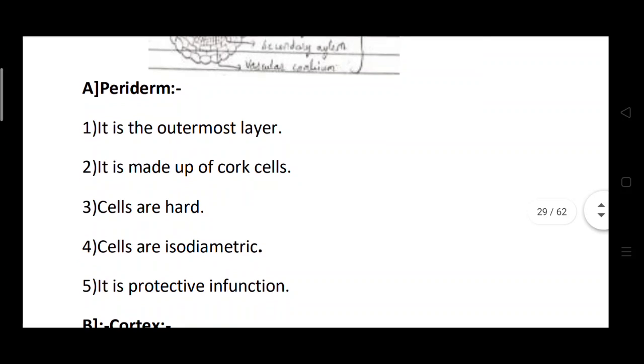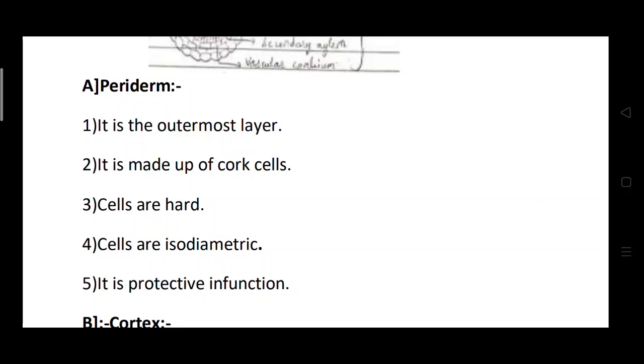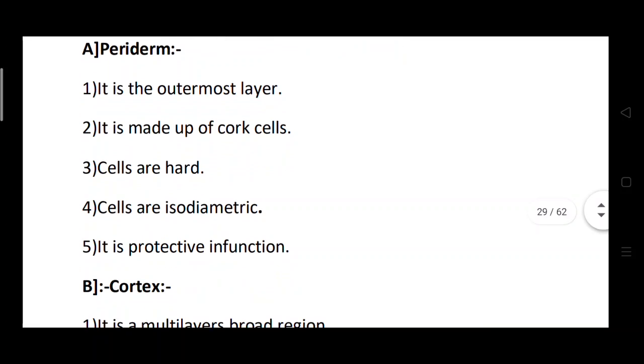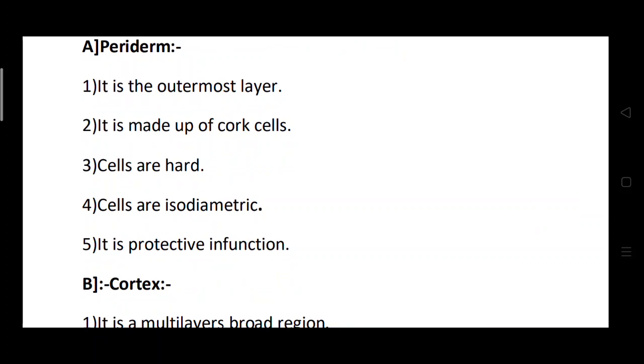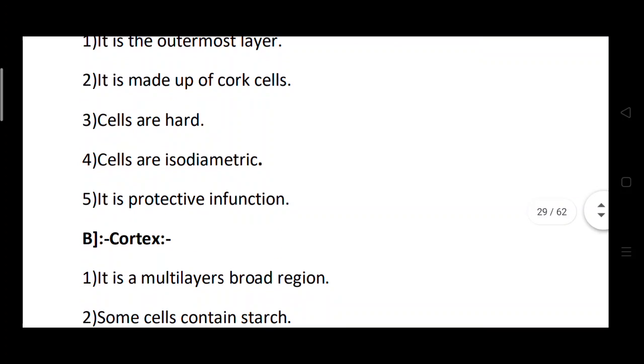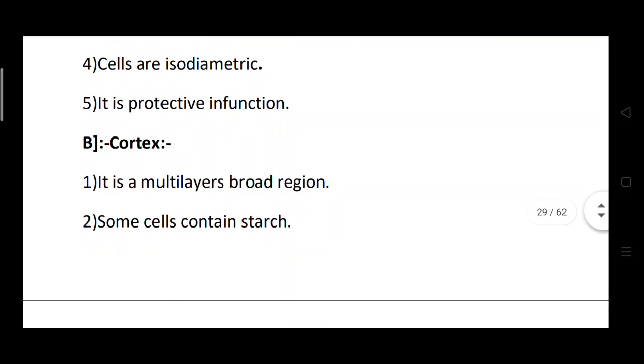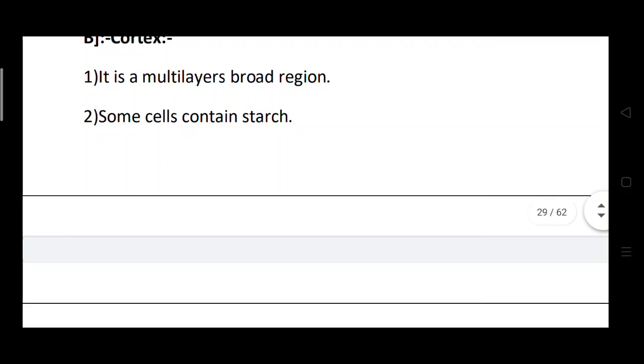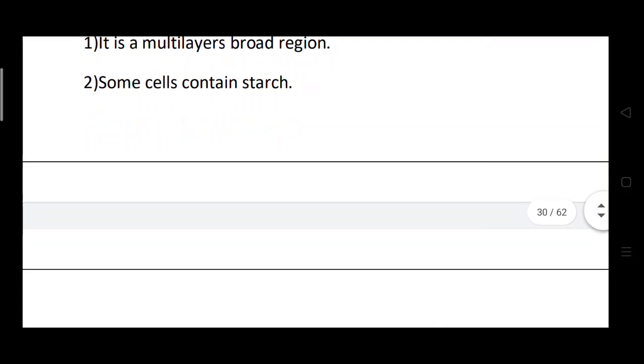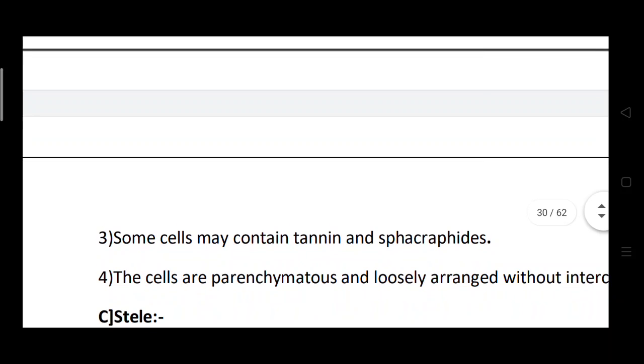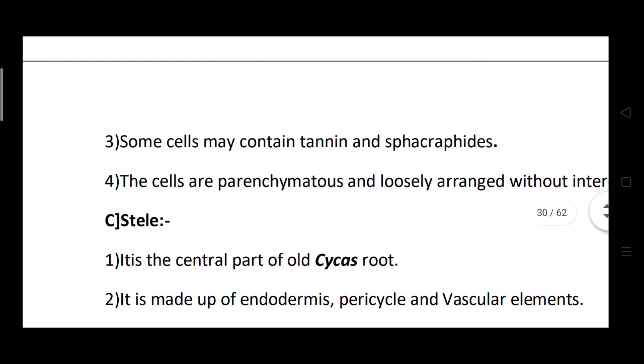So the periderm, same like in the young roots and coralloid root, is the outermost layer made by the cork cells, which are hard, isodiametric, and function as protection. Then the cortex region is made of multiple layers, which contain some starch cells, sphaerophyte cells, and tannin cells, made by loosely arranged parenchymatous cells.